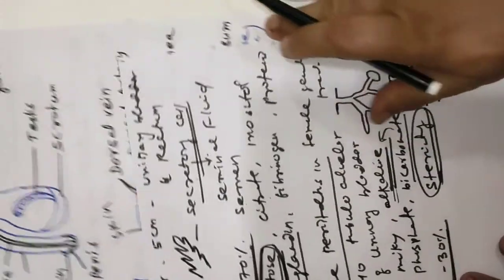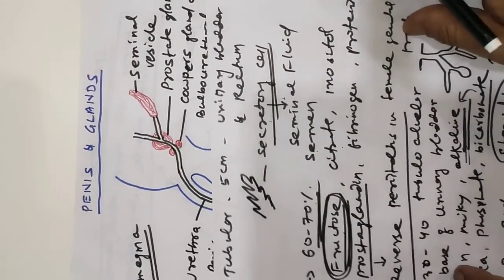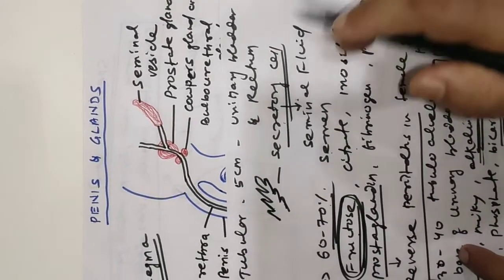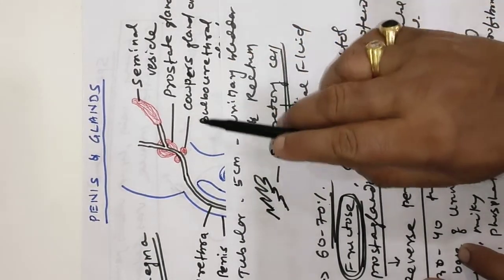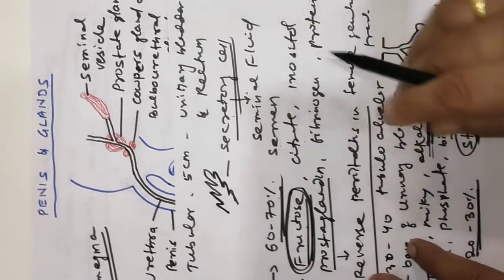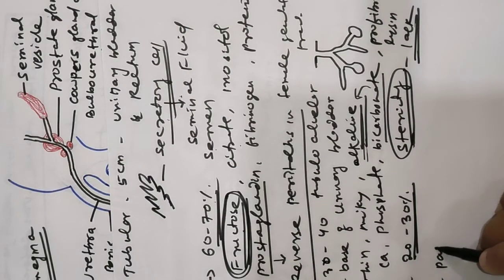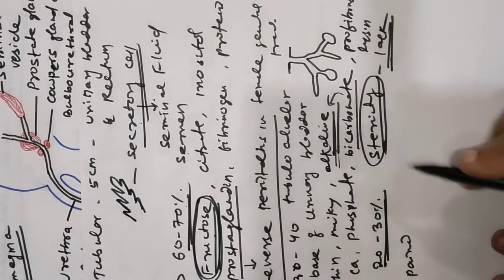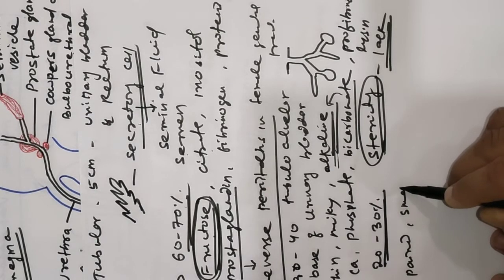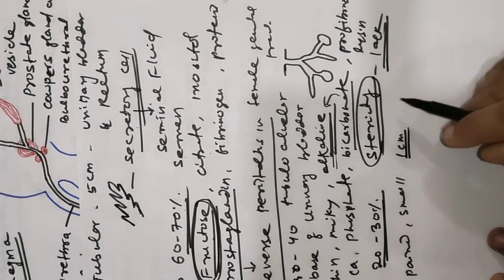Third is the Cowper's gland or bulbourethral gland. The first gland is the seminal vesicle, the second is the prostate gland, and the third is the Cowper's gland or bulbourethral gland. It is paired in number. It is a small, yellow colored gland of about 1 cm in diameter.